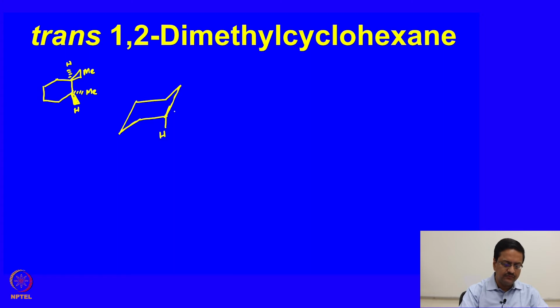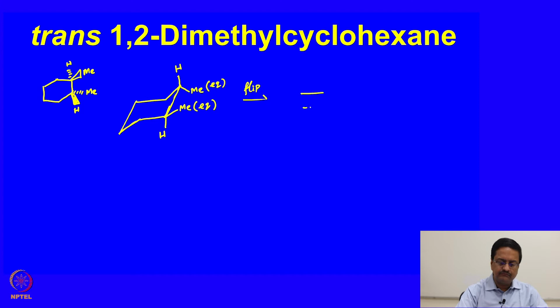Hydrogen down, methyl up, here methyl down, and hydrogen up. So this is trans-1,2-dimethyl cyclohexane, where one methyl here is equatorial, and this methyl is also in the equatorial position. When we flip, what happens?